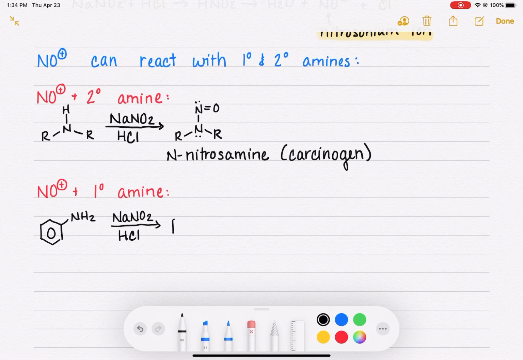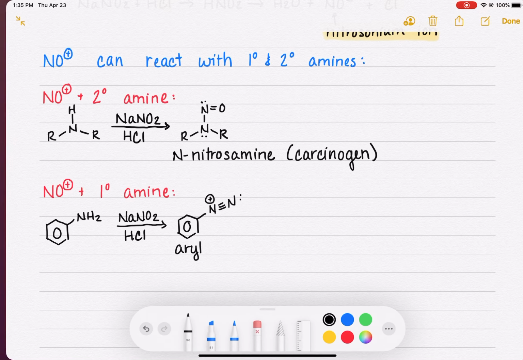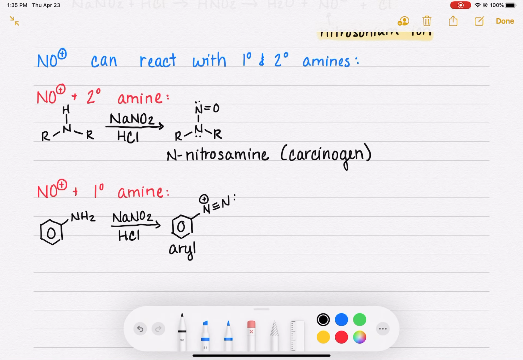The product of this reaction is called an aryl diazonium. It's a fancy name. All that means is that you have a benzene ring. That's the aryl part. Aryl is a prefix that means aromatic ring. And then diazonium.